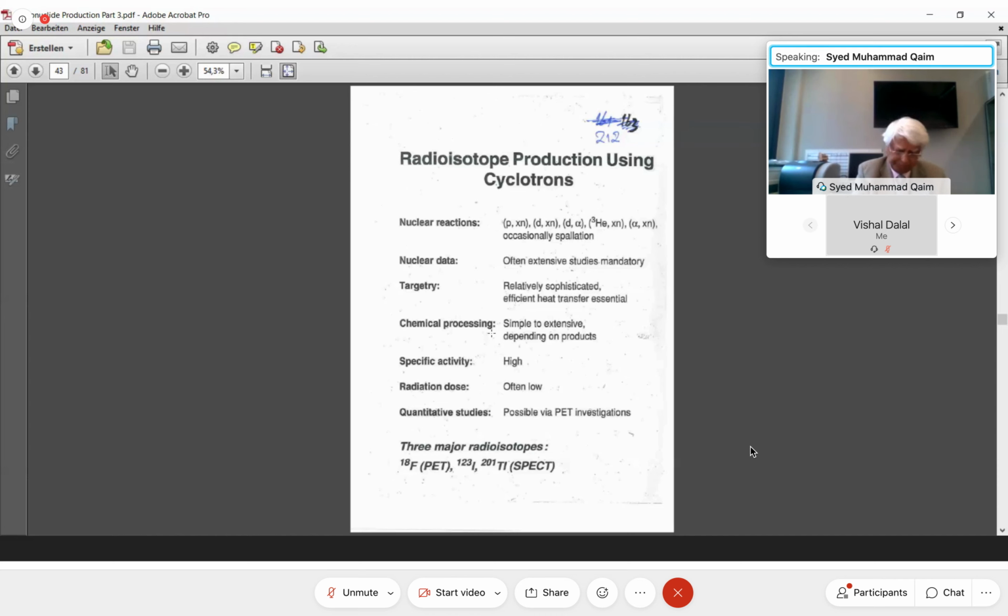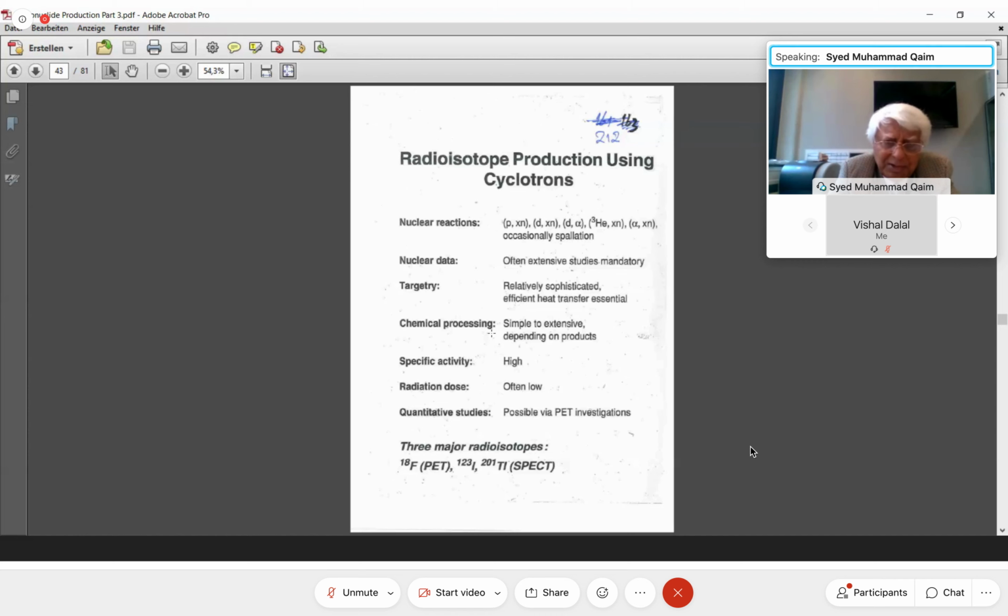About nuclear data, in comparison to reactor production, the nuclear data studies are very extensive. I told you sometime that in reactor production and cyclotron production, two things are different. In reactor production, the nuclear data and targetry are relatively easy.